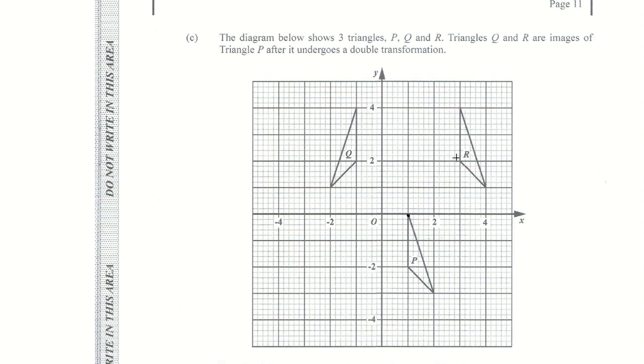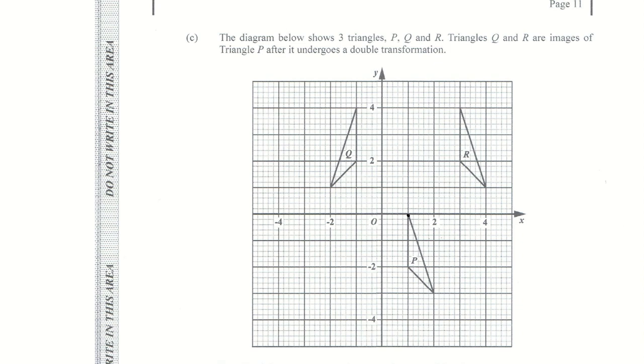After you find the distance from your corresponding object to your corresponding image, you divide that by 2. 4 divided by 2 is 2. So you know that the distance from your object to your mirror line is 2 units, and vice versa, from your mirror line to your image is 2 units.